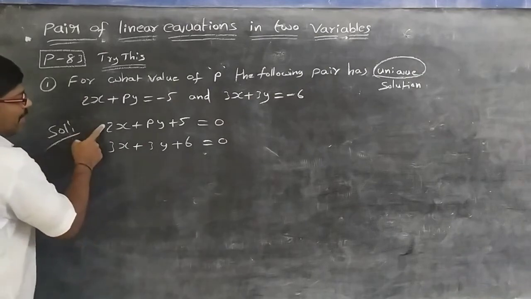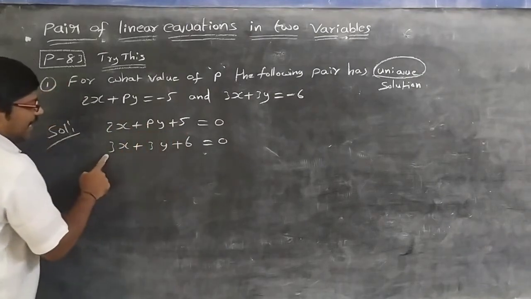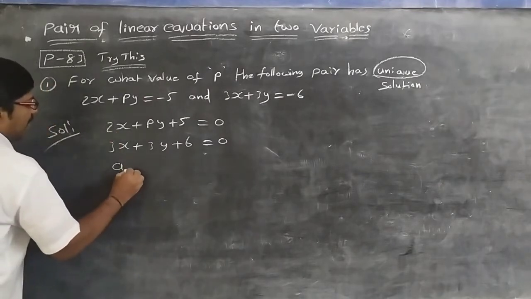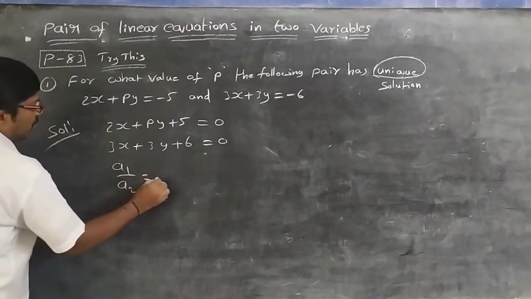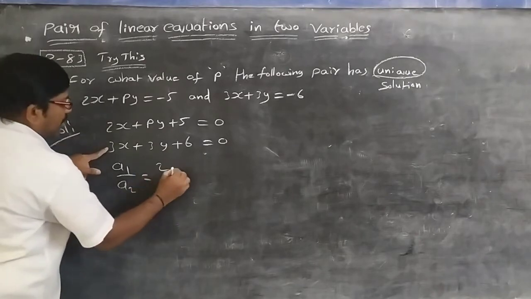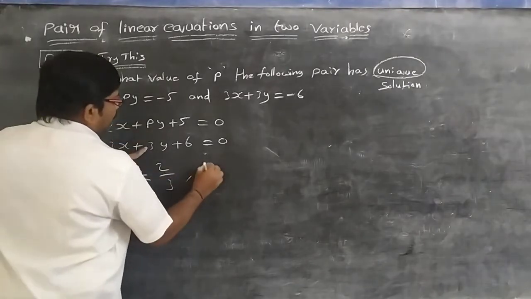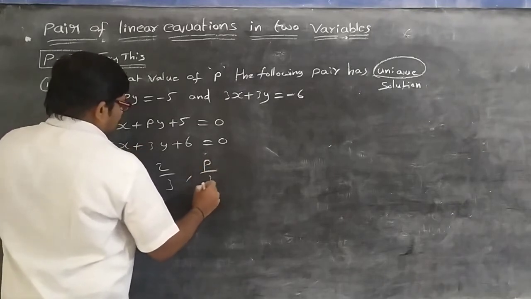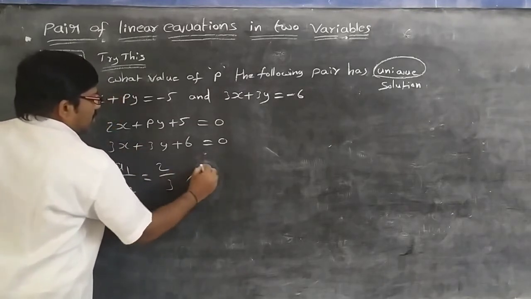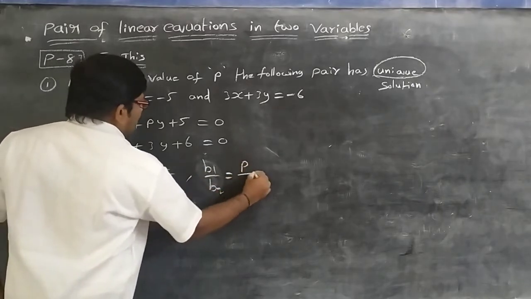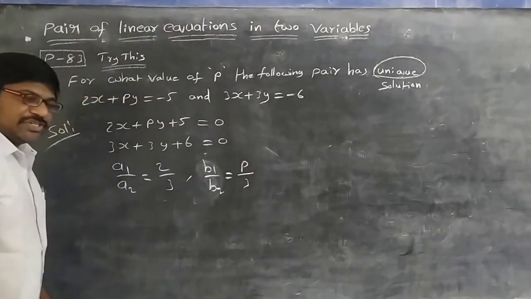See, a1, b1, c1, and a2, b2, c2, right? So a1 by a2 is equal to 2 by 3, and b1 by b2 is equal to p by 3, right?